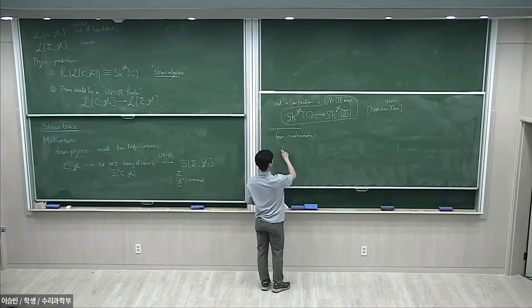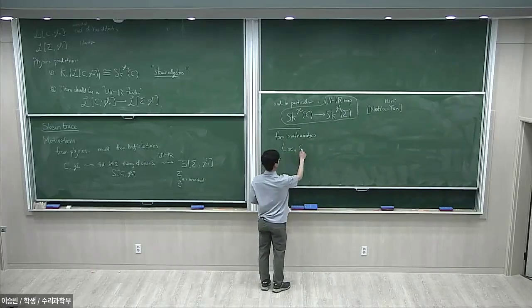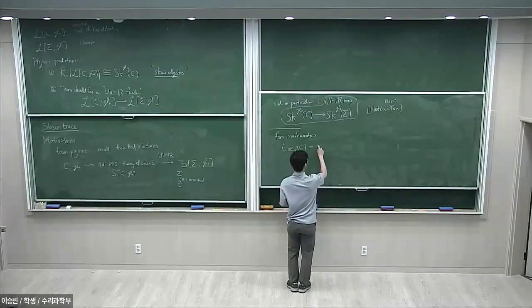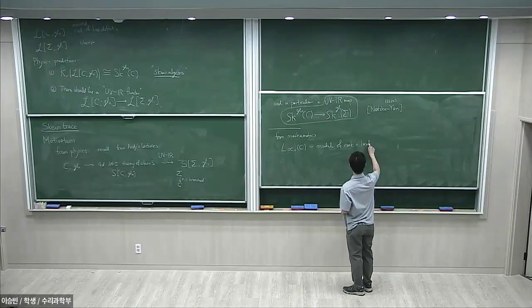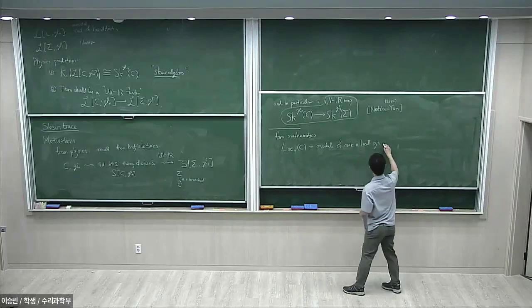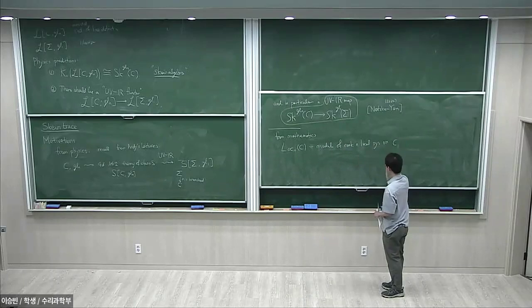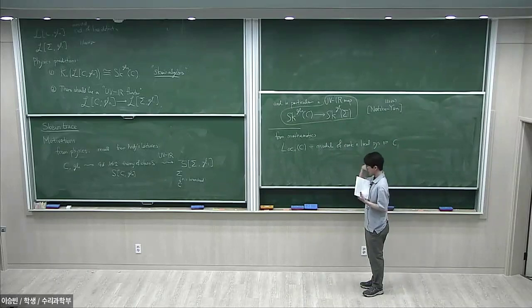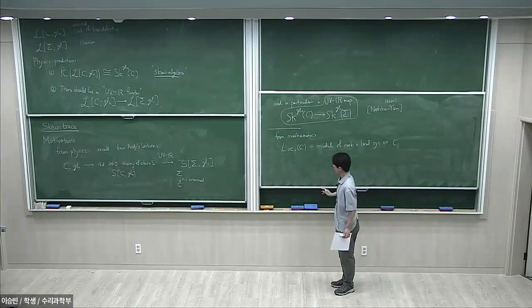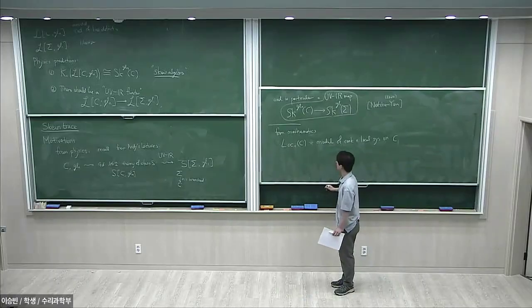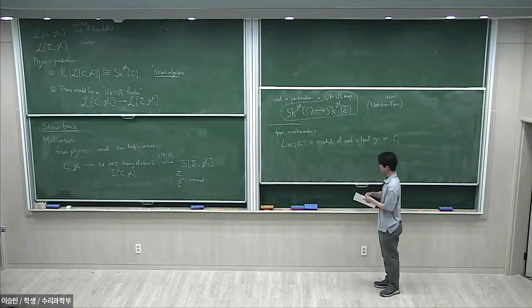Let Loc_N of C be the moduli space of rank n local systems on C. And I'm not going to make a distinction between Betti versus de Rham, so I'll just think of it as the moduli space of GL_N flat connections.